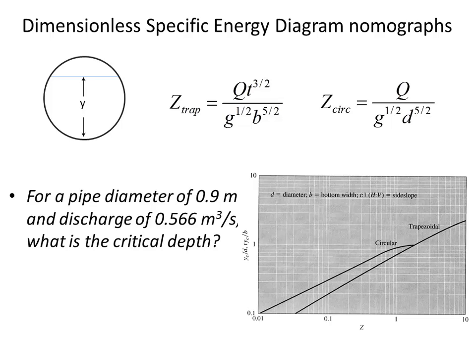And for the trapezoidal pipe, what you'd be looking up on the y-axis is T times y sub c divided by b. And so there are different things on the y-axis depending on whether you have a circular or a trapezoidal pipe. We're going to do the calculations for a circular pipe.